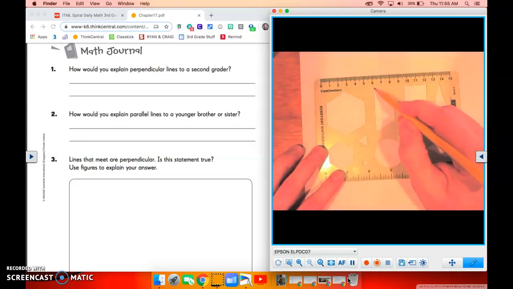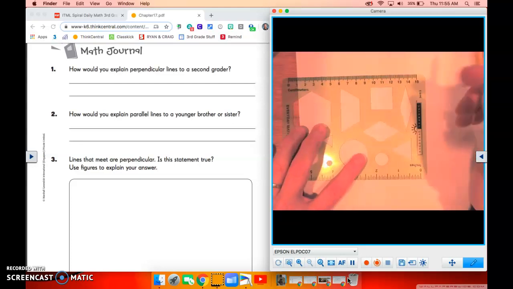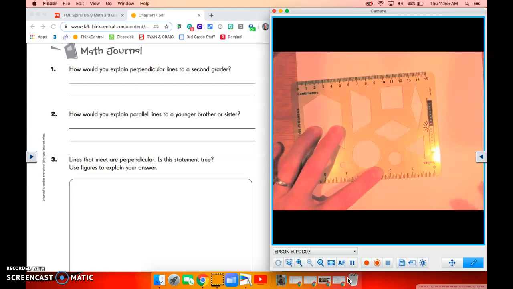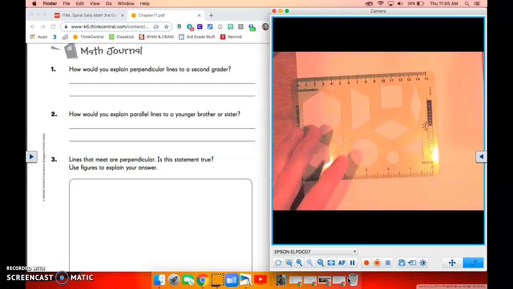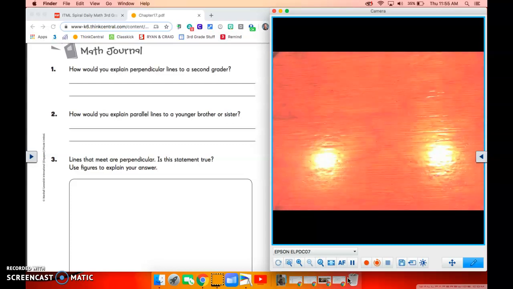So these lines intersect, but they're not perpendicular. Now, these lines, those are perpendicular, okay? Because that is a perfect 90-degree angle. That's a square, okay? So that would be the best way I can show you that one.